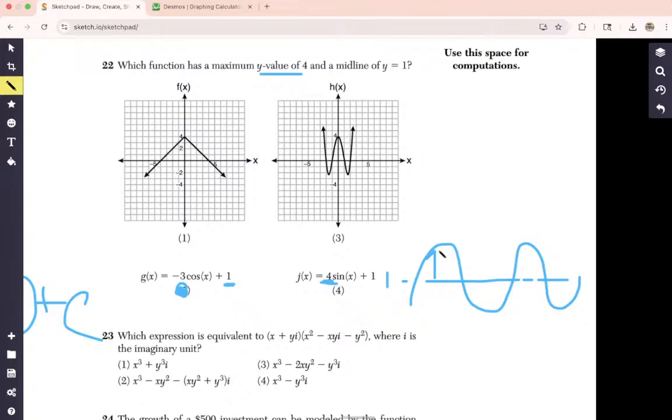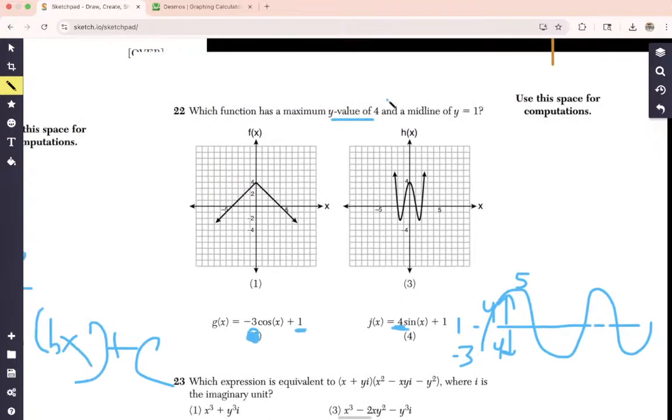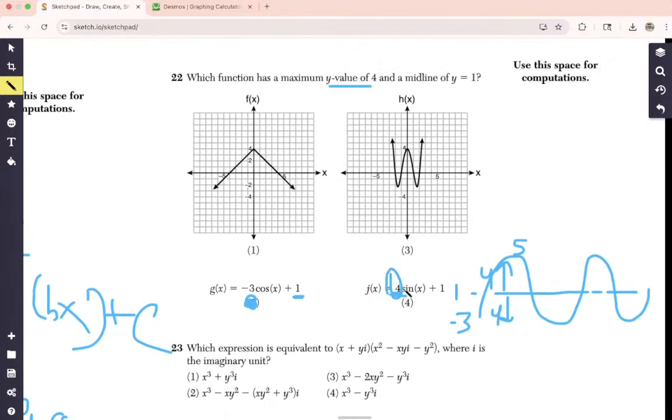So you're going 4 up and 4 down. Now, what's 4 up from 1? That's 5. And what's 4 down from 1? That's -3. So this is in between 5 and -3, which is not what we're looking for. So just because the amplitude is 4 doesn't mean that the maximum is 4. Don't get that confused.